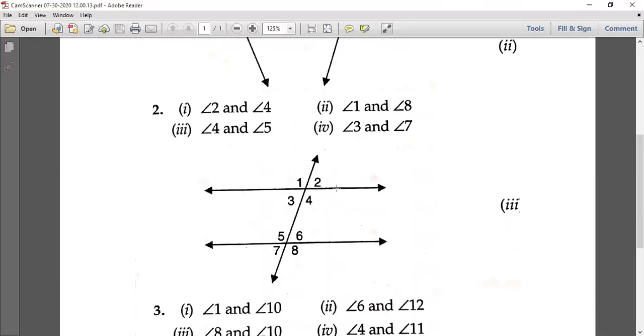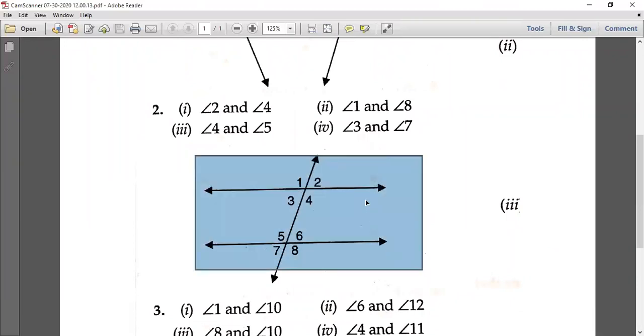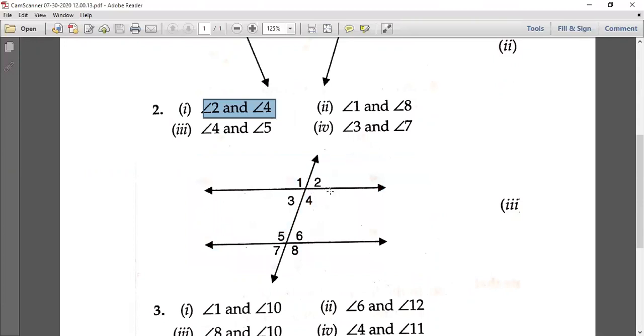Moving on to the second question. The figure for the second question is given. Here, a pair of parallel lines is given, which is intersected by a transversal. Identify angle 2 and angle 4. When you see angle 2 and angle 4, they are forming a linear pair.